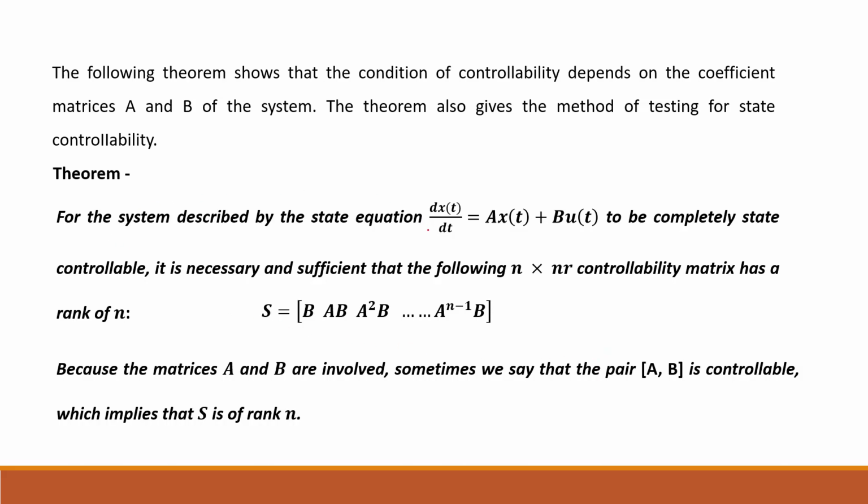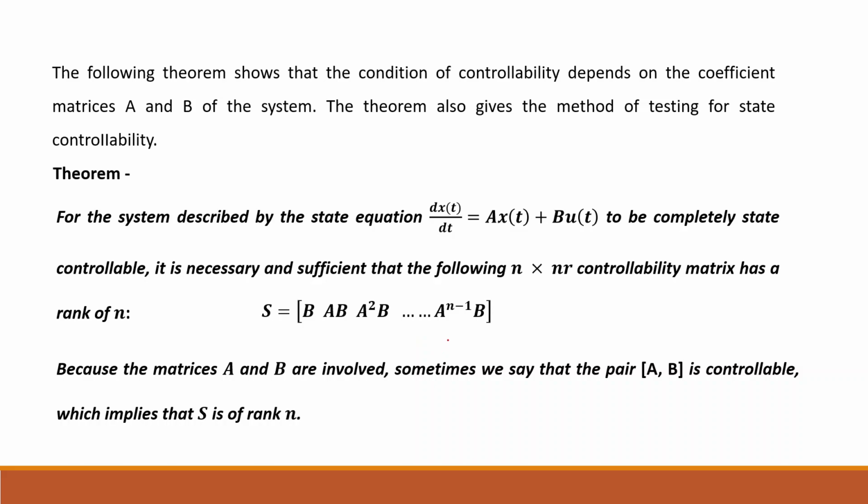To check the controllability of a system, we need to check the controllability matrix, which is represented in this form: S equals [B, AB, A squared B, up till A^(n-1) B]. If the determinant is nonzero, we can say that all the states are controllable.